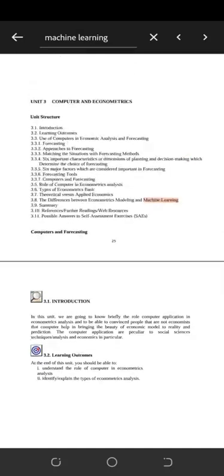Machine learning is at 3.8: differences between econometrics modeling and machine learning. That one is in the file.